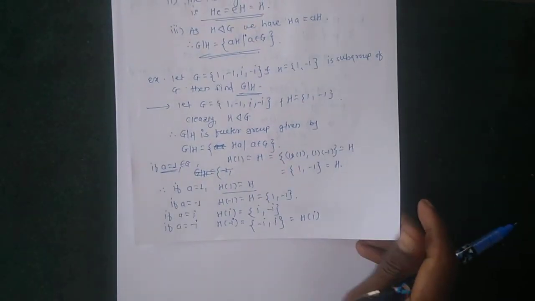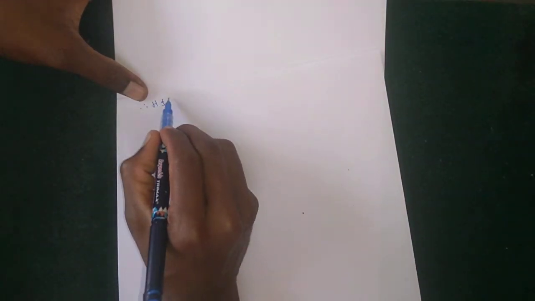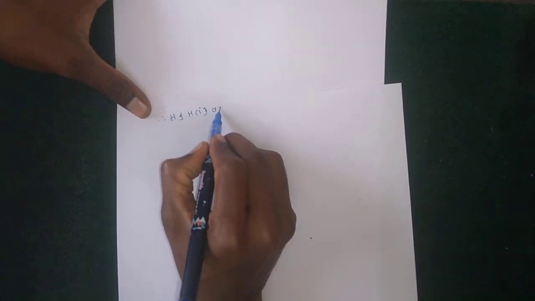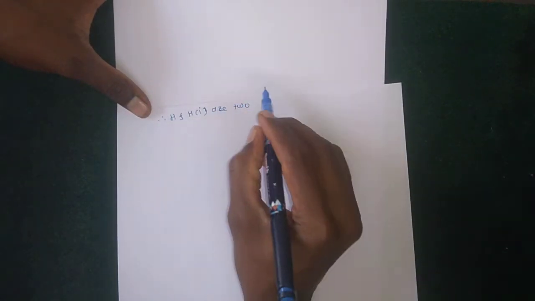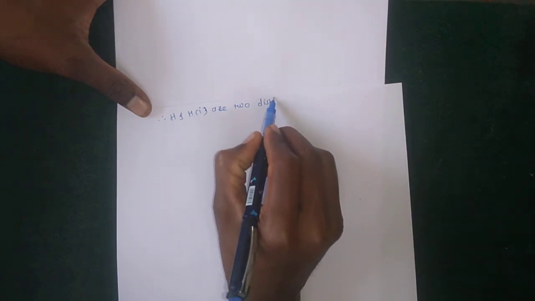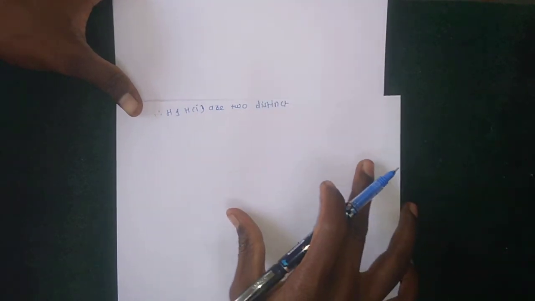Okay, therefore here only H and H of I are two distinct cosets. Okay, here only two distinct cosets. Factor group means which contains set of all distinct cosets.